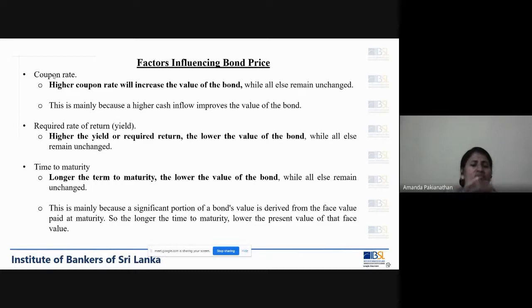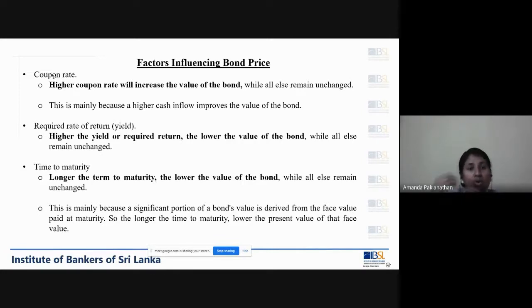What will you prefer investing in? If all other factors are same, what would you want to invest in? Rationally, the investment which will give me the earliest cash inflow. So shorter term to maturity will be more valuable to you. Why? The cash inflow will come quickly to me. Subsequent fluctuations are very less.